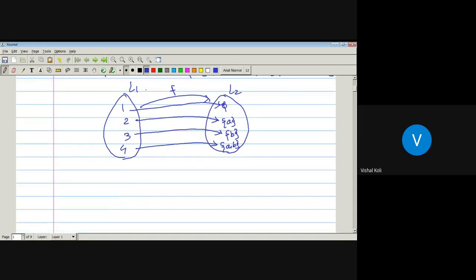So clearly this function is 1-1 and onto, since distinct elements have distinct images, and it is onto since every element in the codomain has a pre-image.